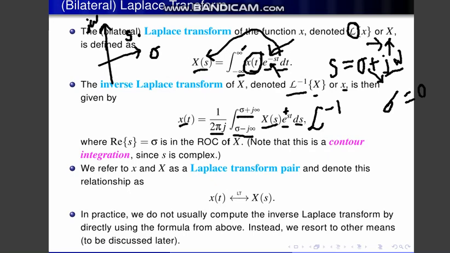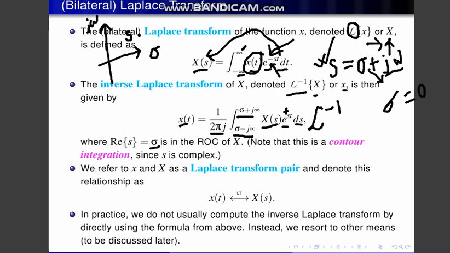If you look at the previous Fourier transform, you find 1 by 2 pi. Here there is no j, where the real part of the s value is sigma. As I have said before, the s plane is a complex plane, and sigma is the real part.